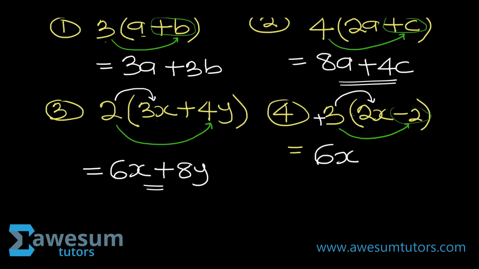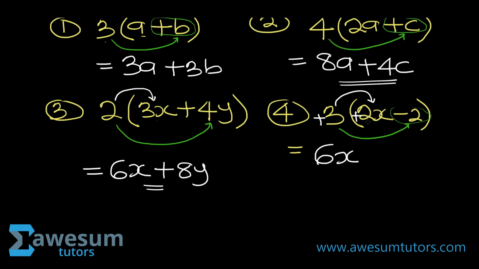This 2x also has an invisible positive sign. Positive times positive is going to be positive, because those are like signs. But we don't need to put that because it is positive. So we can just say 6x.